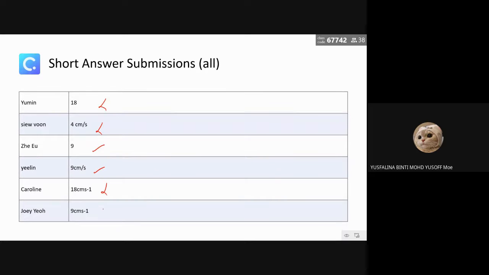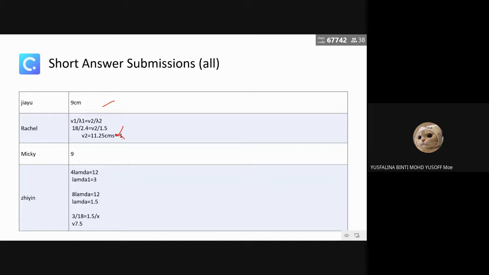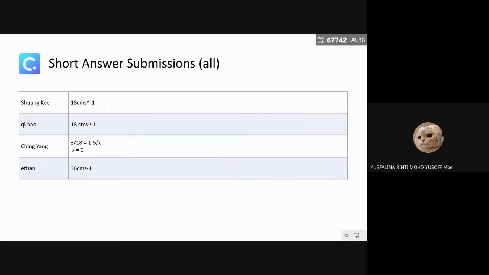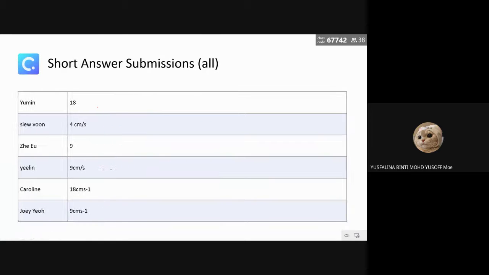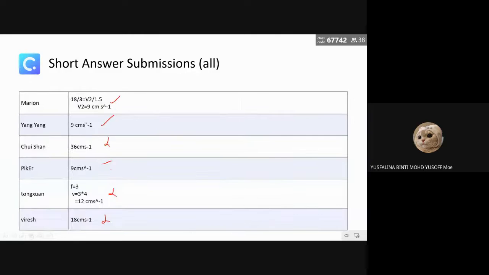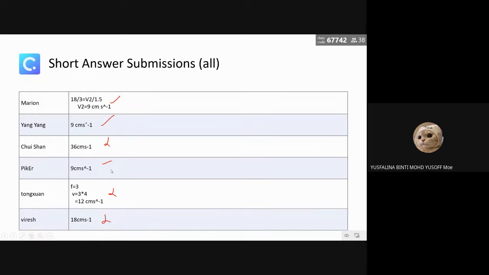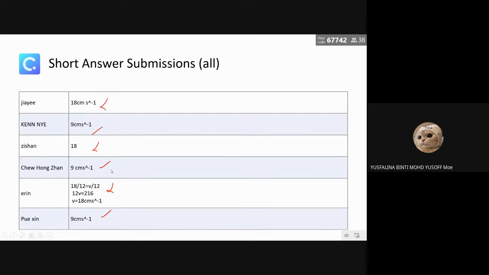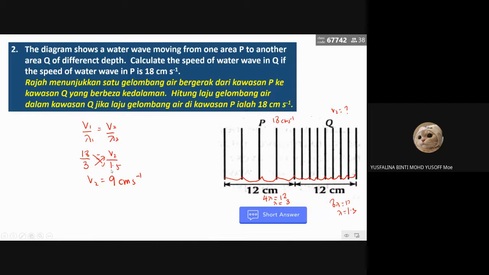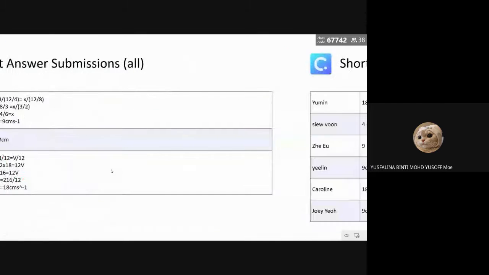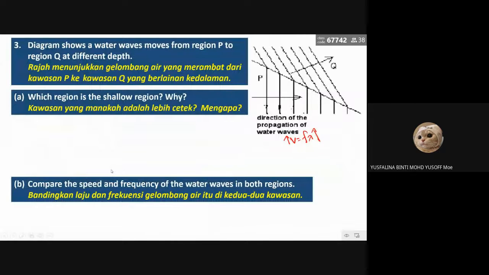Wrong, correct, wrong, correct, wrong, correct, wrong, correct, wrong. Okay, can you understand for those who got this question wrong? Can you understand how I get 9? Are you clear? For those who got this question wrong, for example Chushan, Tongzuan, Viresh. If you don't understand, you can tell me. Okay, I will show you again. All right.